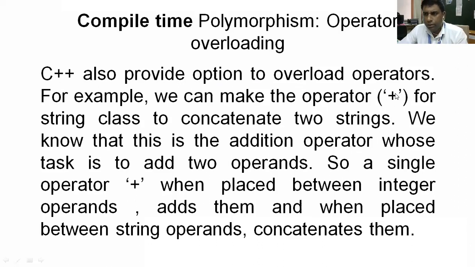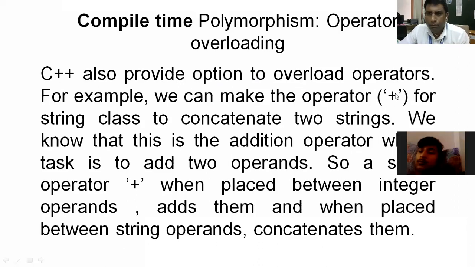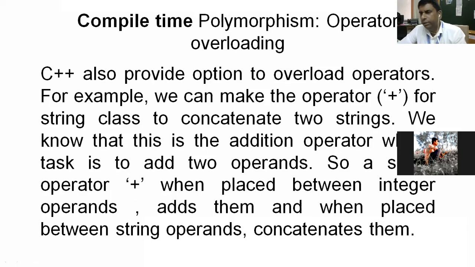When the plus operator comes between two strings, it will concatenate. So plus works on two different types. The name and operator are the same, but the result is different. This is called operator overloading.